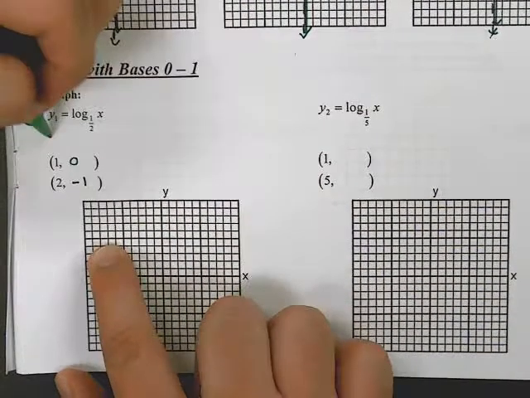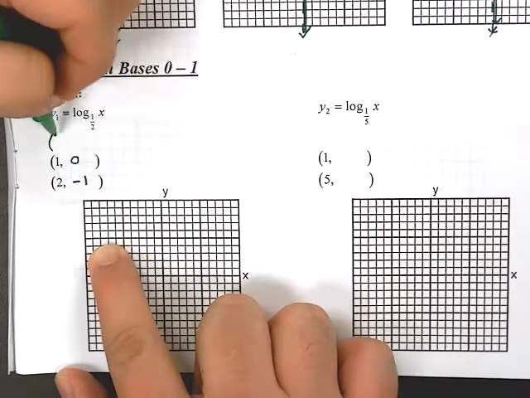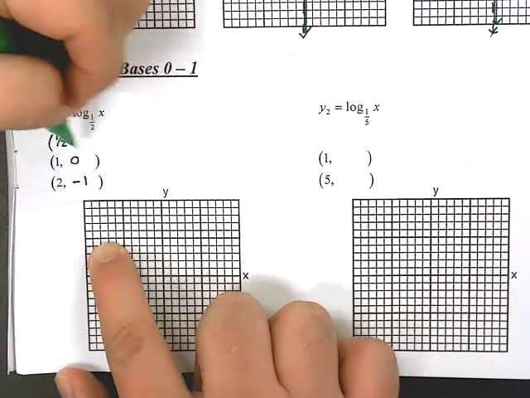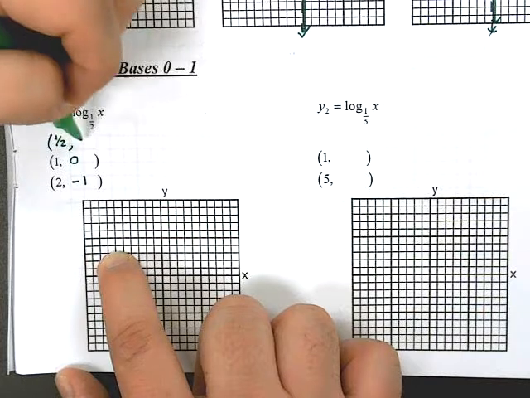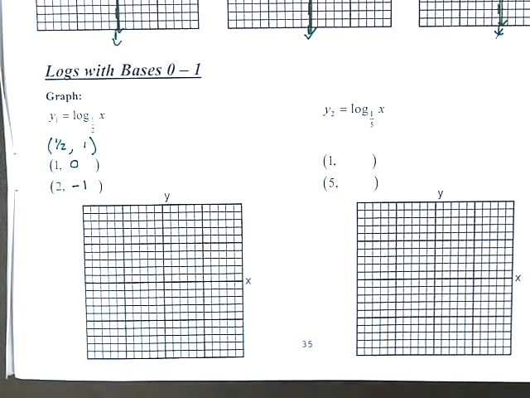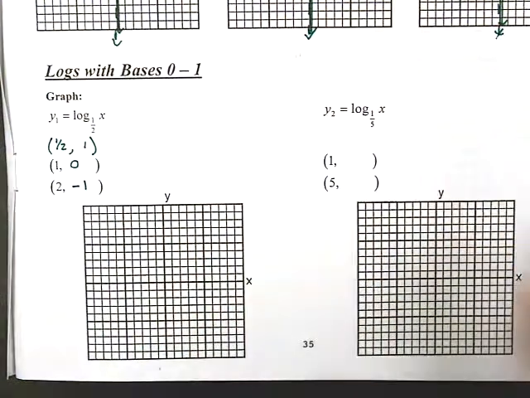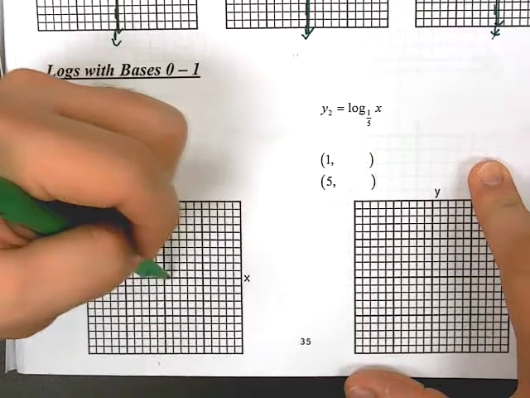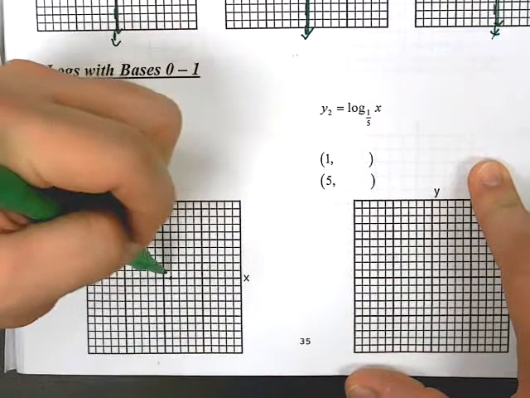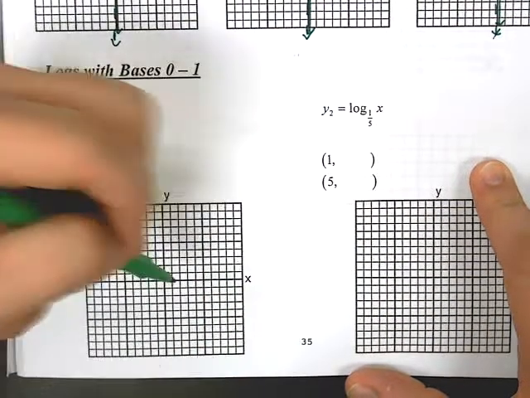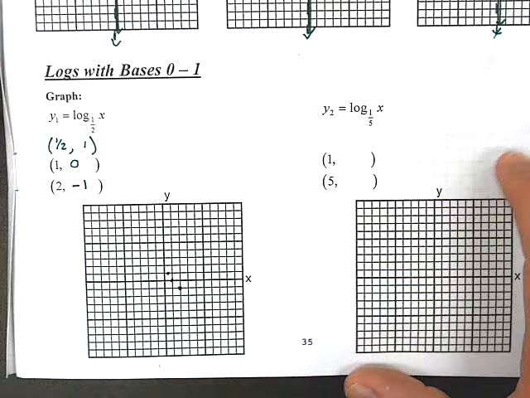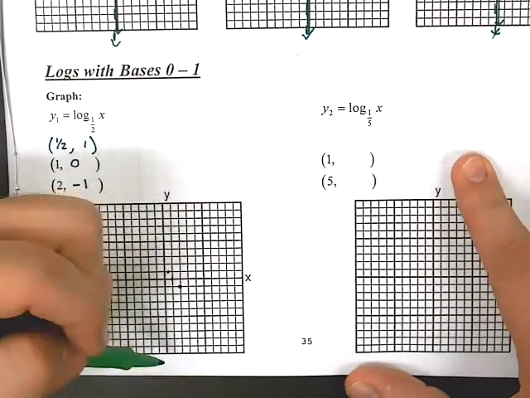Alright, the other one that we could plot is we could say 1/2 to the what power is equal to 1/2. Well, that's where we get our 1. So now we could plot these 3 points, (1, 0), (1/2, 1), (2, -1), and now I can see what's going on.